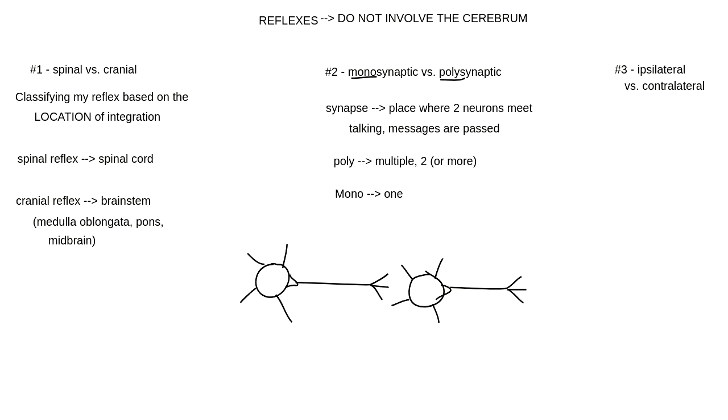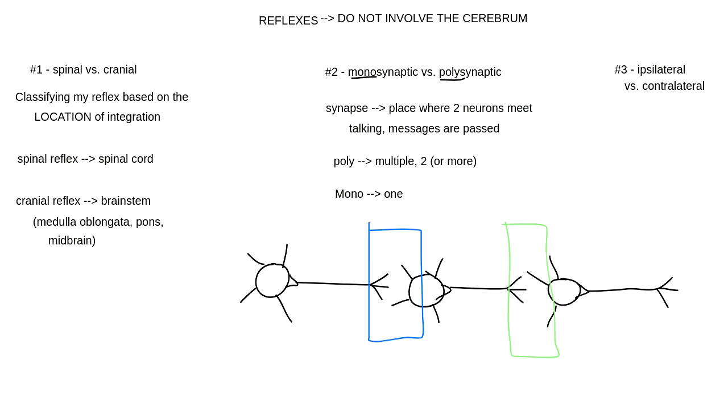My one place where neurons talk to each other, a monosynaptic reflex. If I add in an extra neuron over here, another neuron coming this way, now I have another synapse. Now I've become a polysynaptic reflex.